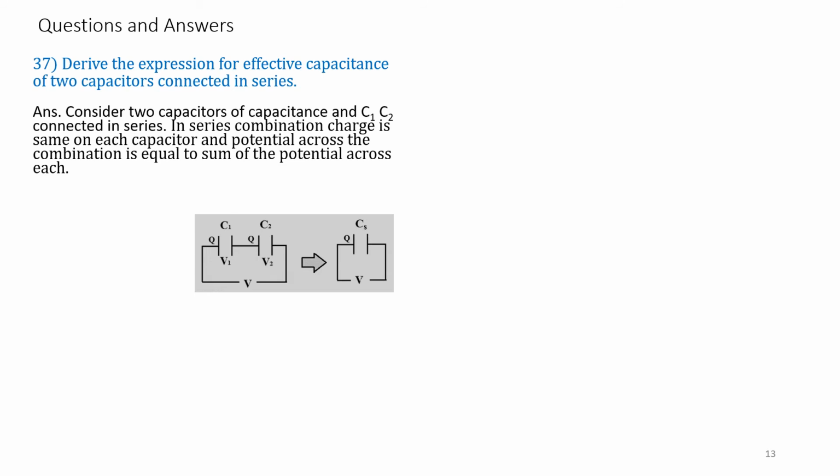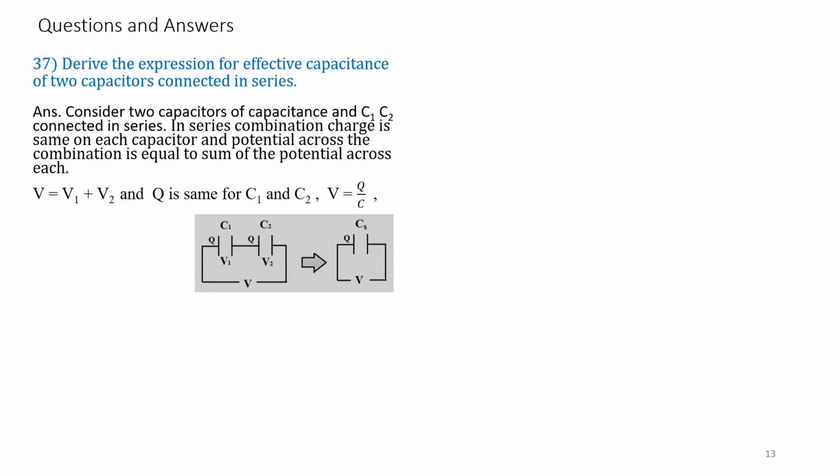Here the same charge Q flows through the conductor, and the same charge is there on both the capacitors which are connected in series, and V is the supplied potential. And we have to find the single equivalent capacitor, C equivalent or C series.